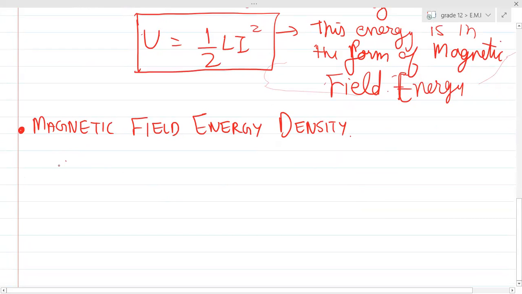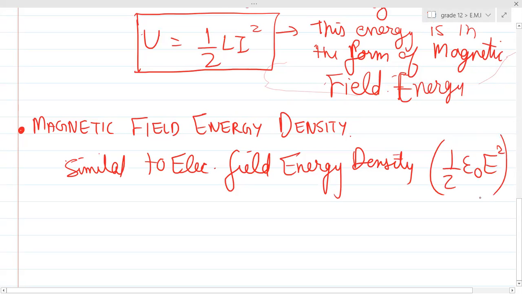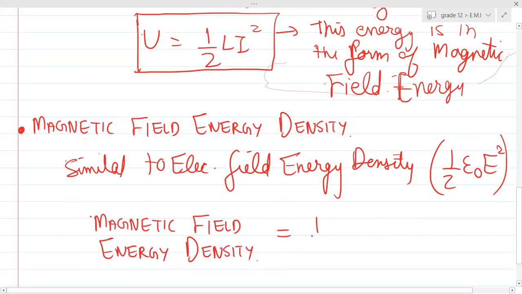So magnetic field energy density you can write similar to electric field energy density, which is equal to half epsilon naught into E square. Magnetic field energy density is given by half B square by mu naught.